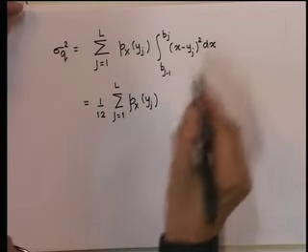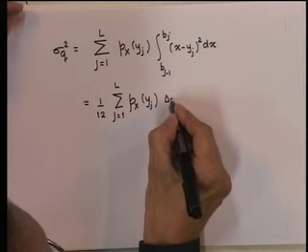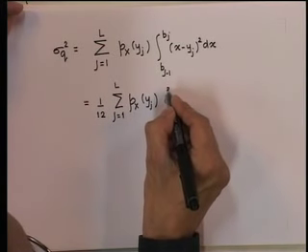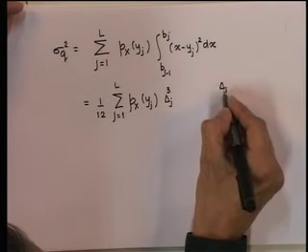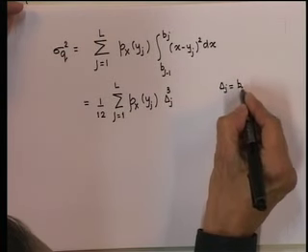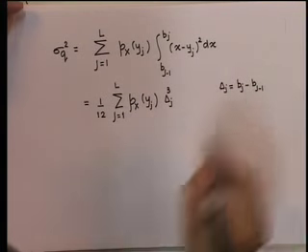The value for this expression is equal to, where delta j is equal to b j minus b j minus 1.